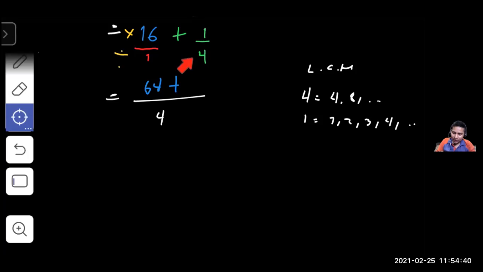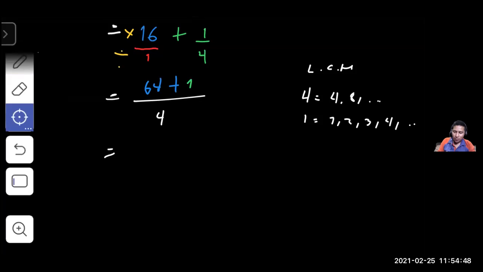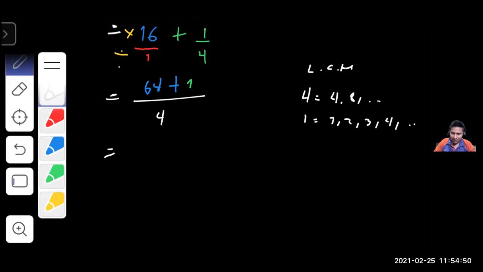And 1 multiplying 1 is 1. Then let's solve this one. 64 plus 1, guys, piece of cake. 65 over 4. And this is our answer.